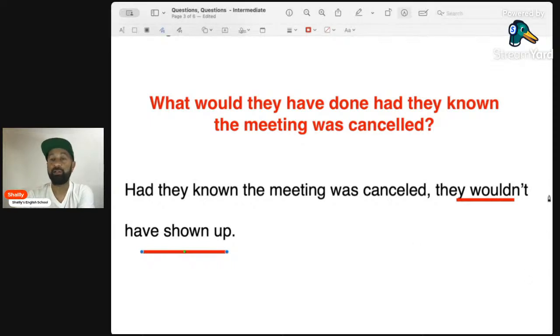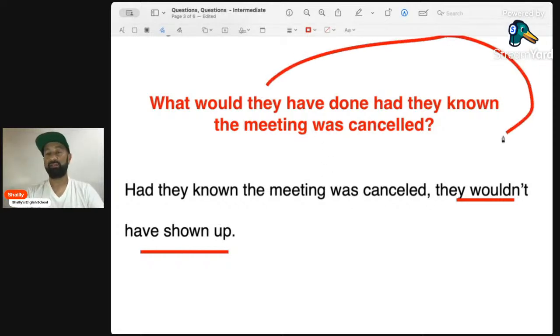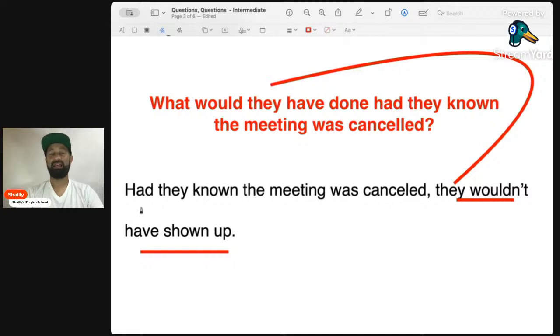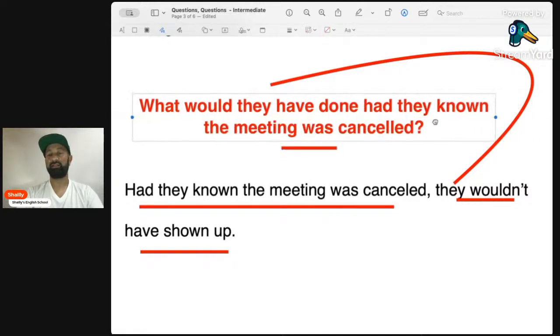If you look here, we're using the same words. They is right here. Would is also right here. What would they have done? Then, had they known the meeting was canceled is all right here.